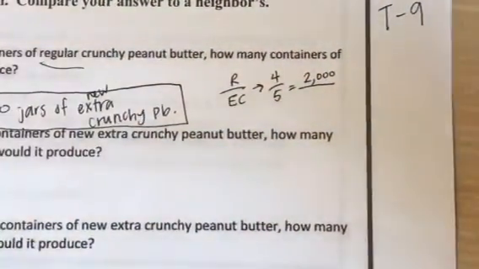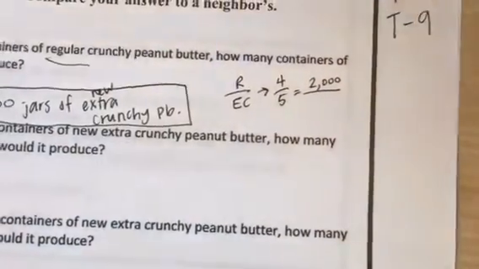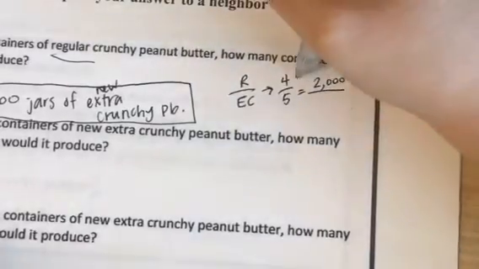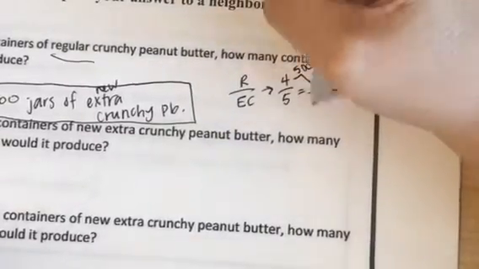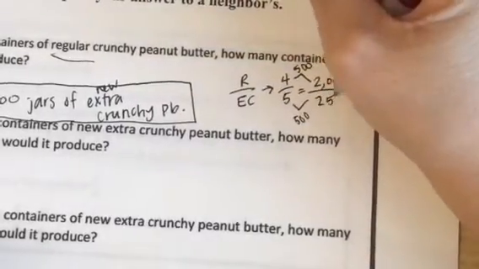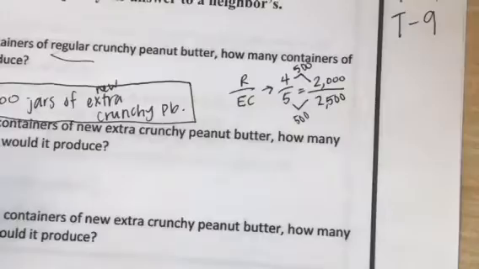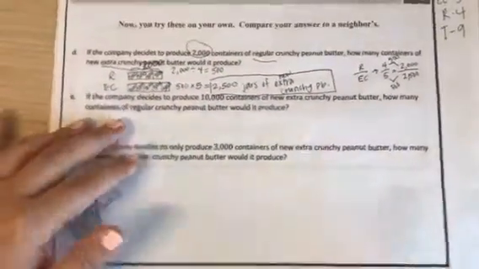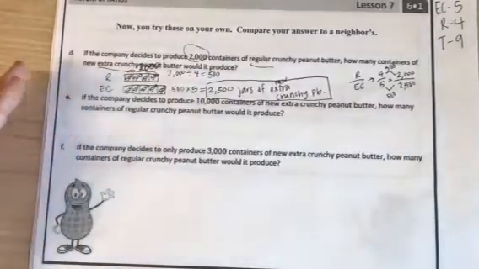If this makes sense to you, it's really good to have this in your back pocket, kind of cut a little time. So 4 times something would give me 2,000. I know that that's 4 times 500. So I just need to do 5 times 500, and I'd get 2,500. Okay, and I'm going to show you that kind of shortcut in the next example as well.